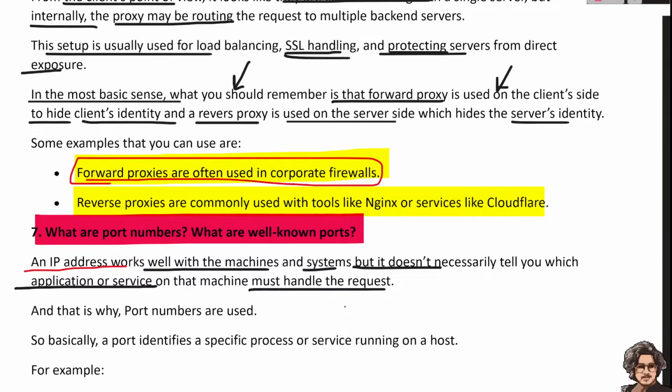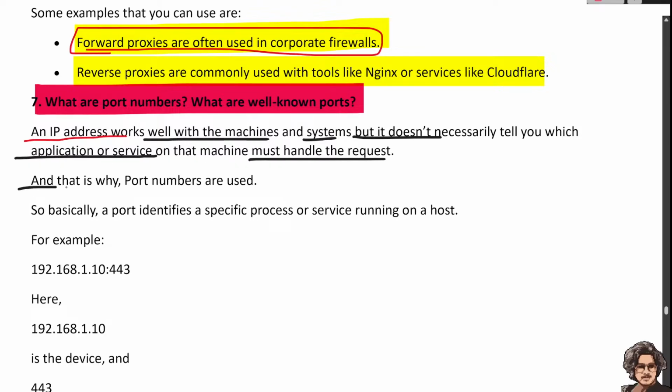The IP address tells us about the machine and system, but not which application is serving. That is why the port number is used for that purpose. The port identifies the specific process and service running on the host.